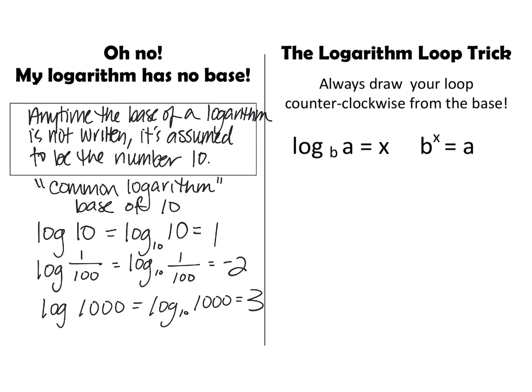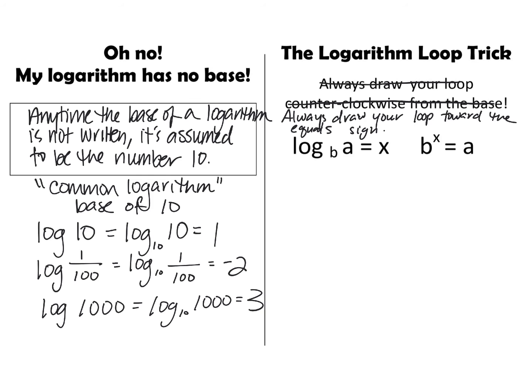I'm going to rephrase that, and I'm going to say always draw your loop toward the equals sign. I'm going to show you what I mean here in a minute.